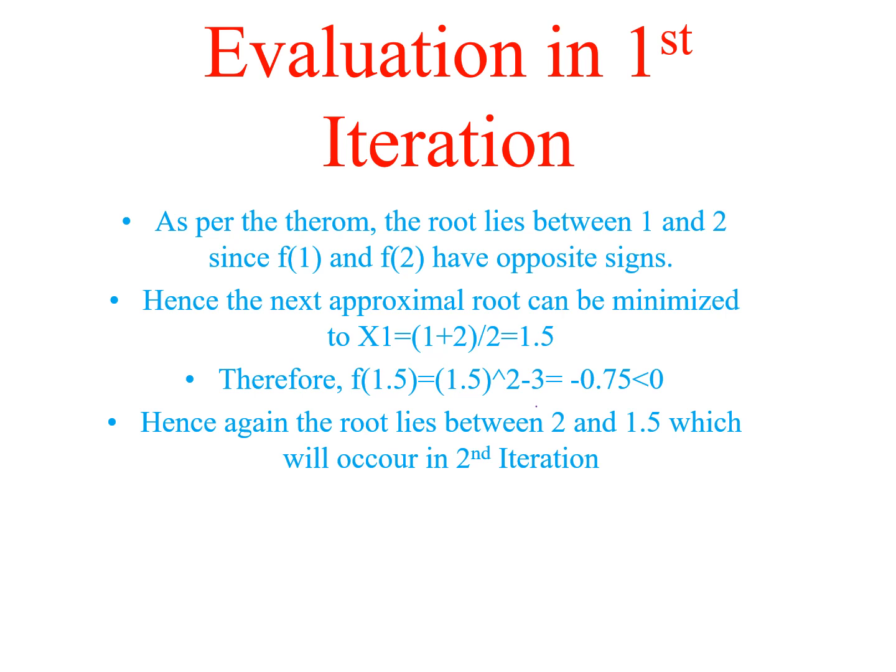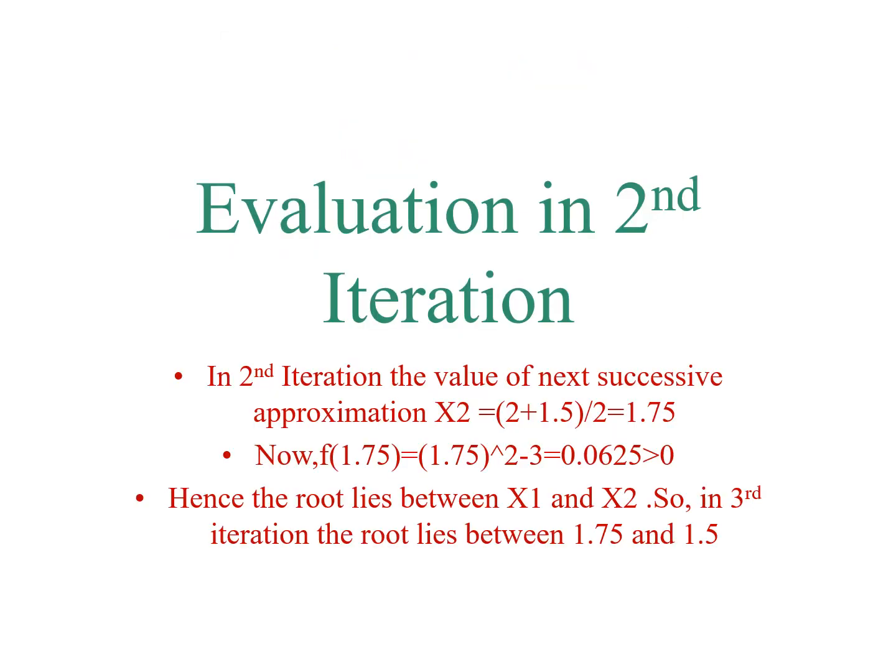So again the root lies between 1.5 and 2 as per the intermediate value theorem, which will occur in the second iteration. In the second iteration, the value of the next successive approximation x2 is 1.75. Now f(1.75) is positive, that is 0.0625. Hence, the root lies between x1 and x2.